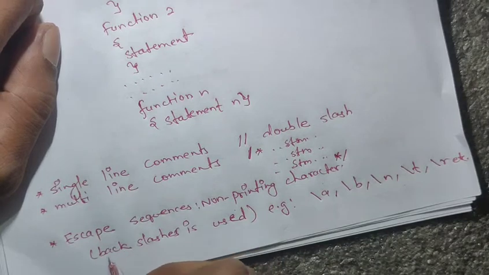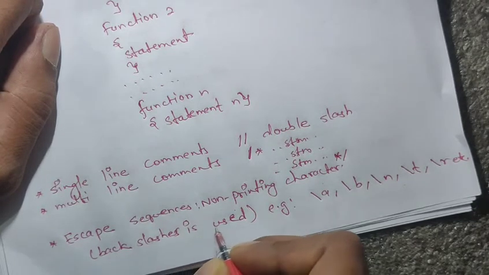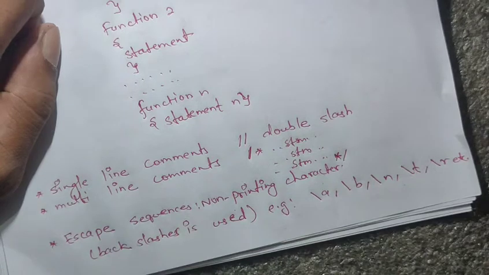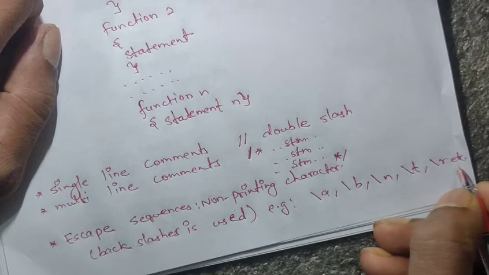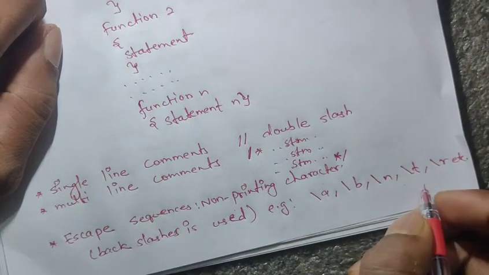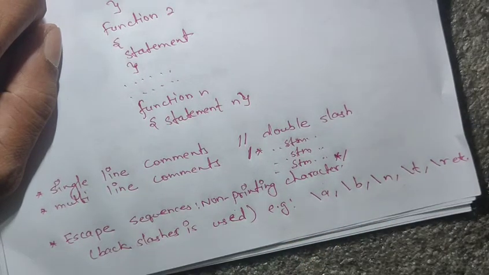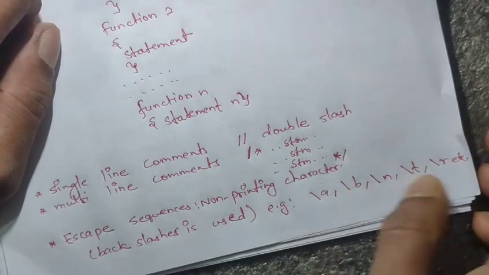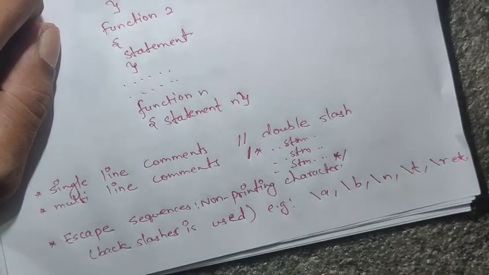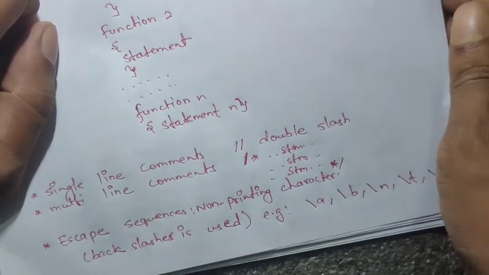For example, the backslash is used in escape sequences: \a, \b, \n, \t, \r, etc. These are all escape sequences which will escape some spaces, escape some lines, escape some inches of space accordingly. Okay, so we will see these examples in upcoming programs, and you will know it in detail in the next video.